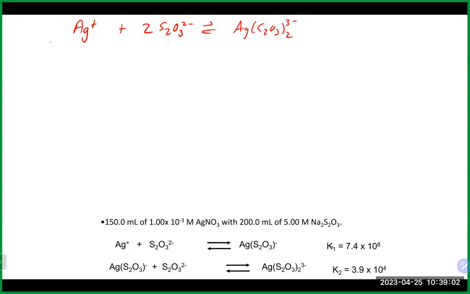All right, so initially we had for our silver 4.29 times 10 to the minus 4. For our S2O3, we had 2.86 and a 0.